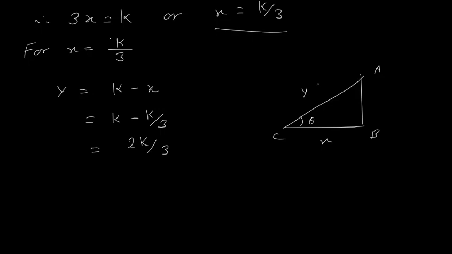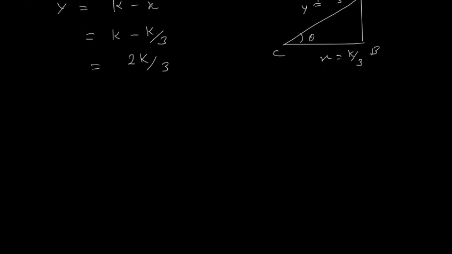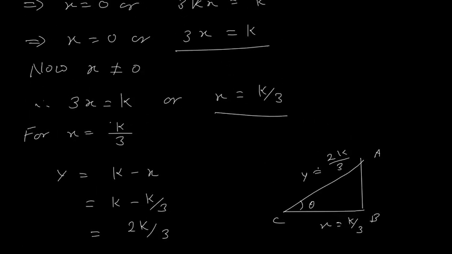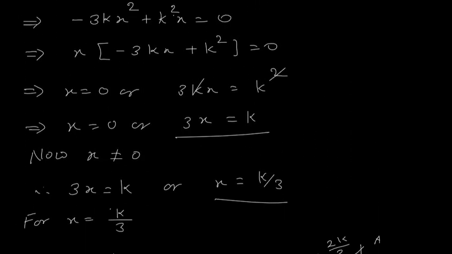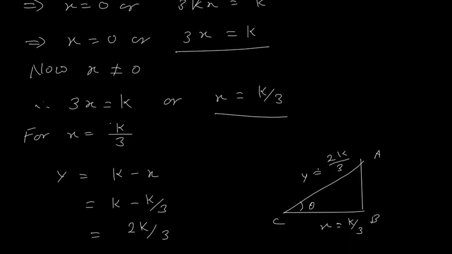We got the value of x as k upon 3 and value of y as 2k upon 3. So for maximum s, I will say that this value is the second derivative. Where is the second derivative? First derivative only we have found out.